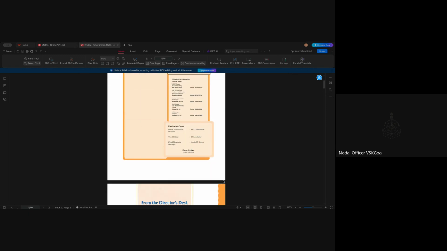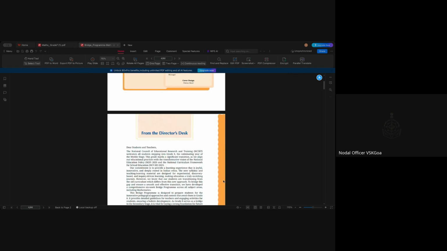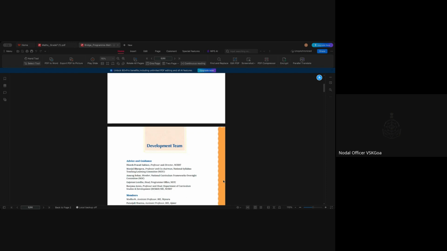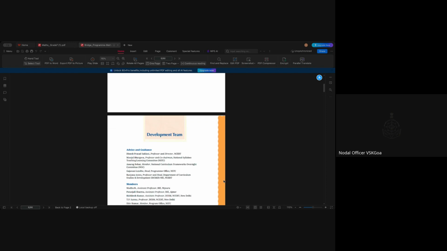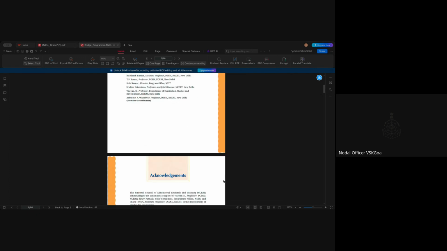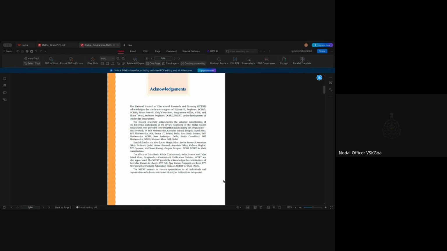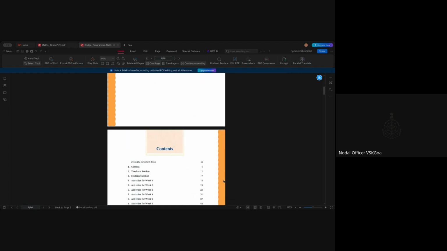Okay, now over here you can see the bridge course material developed by NCERT, and the hard copy of this particular bridge course every school must have got, and the teacher has the teacher's copy with them.